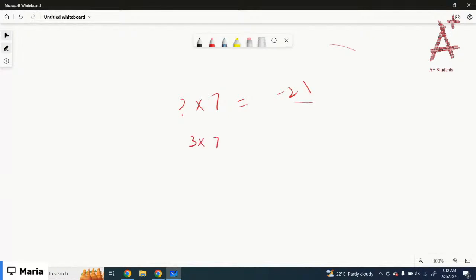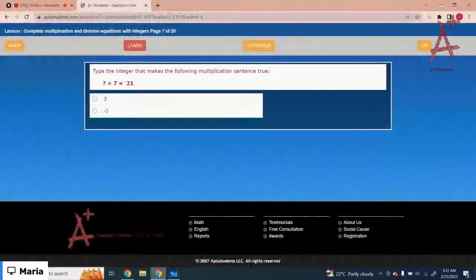Got it? But here you have -21. That means the missing number must be negative. So 7 times -3 equals -21. Got it? The missing number is -3.